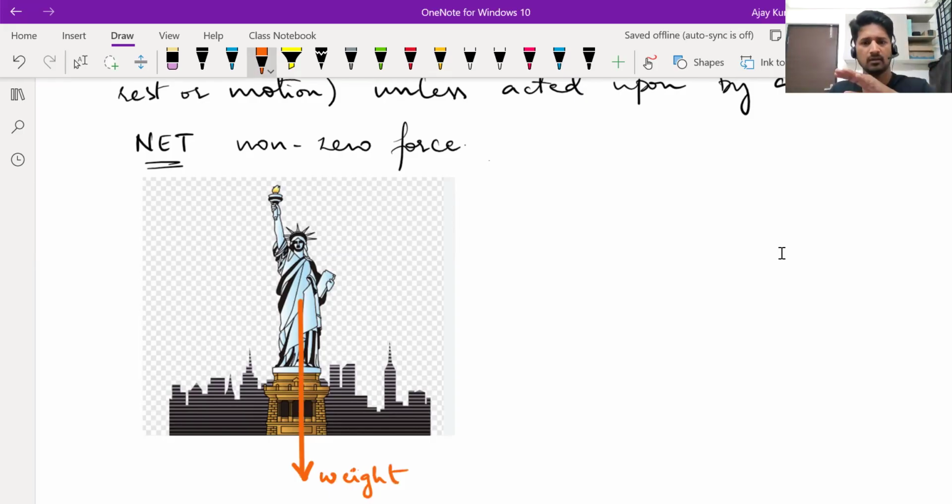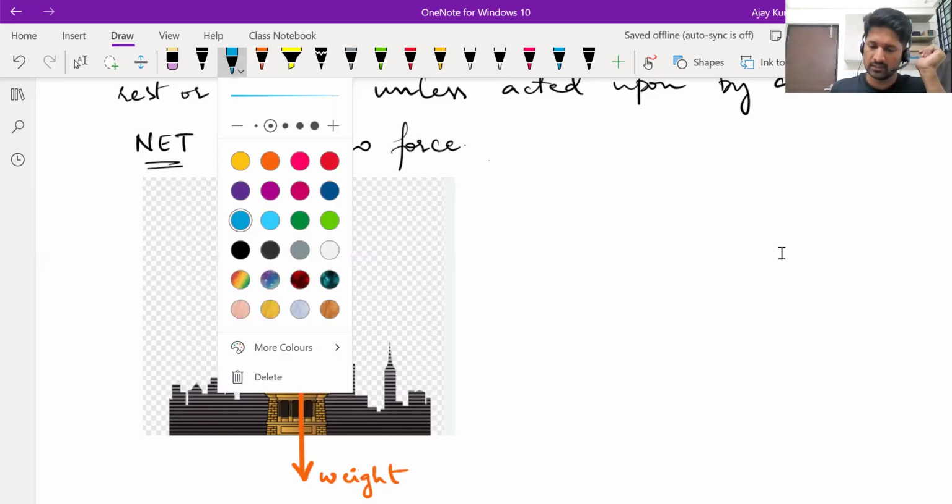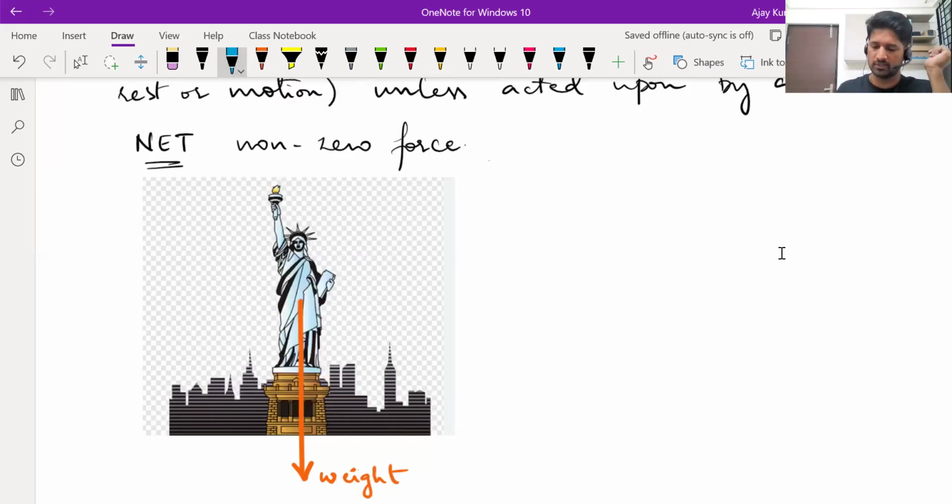It's placed on a platform. The platform exerts a normal force on it, an upward force. It's like that example we discussed yesterday, holding a bottle on the palm of your hand. Earth is pulling the bottle down, but your hand is pushing it up, and they are balanced.